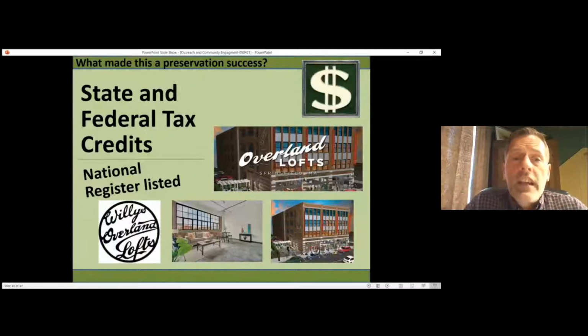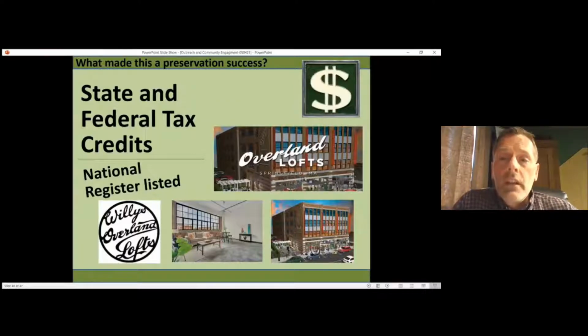Because it was already on the National Register, the state tax credits were particularly available to the new owner. So the building was sold. The new owner came in and successfully applied for state and federal tax credits, and with that financial ability was able to do a conversion to loft apartments.